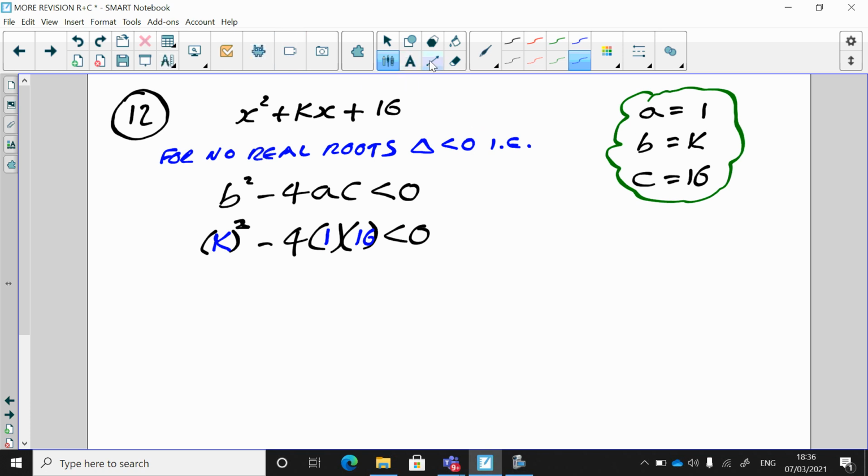When I start figuring things out and moving all these brackets, I'm going to put k squared, 4 times 1 times 16, that's 64, is less than 0. That's fine. Okay, so stop there. So k squared take away 64.